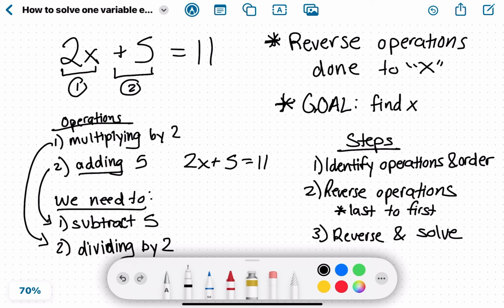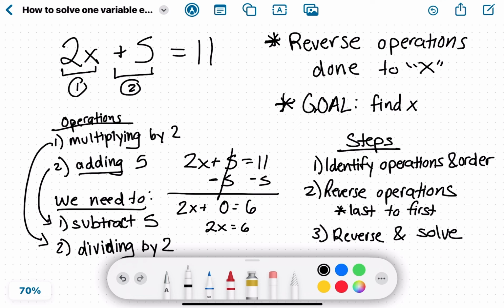So our first step, subtract 5 from both sides. Minus 5, minus 5. Okay, 5 minus 5 is 0, so that cancels out. So we just have 2x plus 0 equals 11 minus 5, 6. We don't need the 0, 0 is invisible, so 2x equals 6.